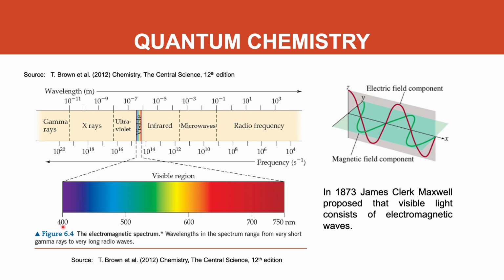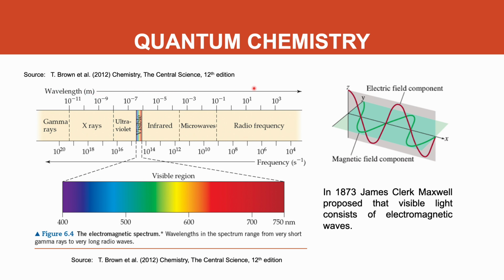Usually you need to memorize the specific region for your visible region. It is between 400 to 750 nanometers. So 400 to 750 nanometers is your visible range. This is the length of your wavelength.